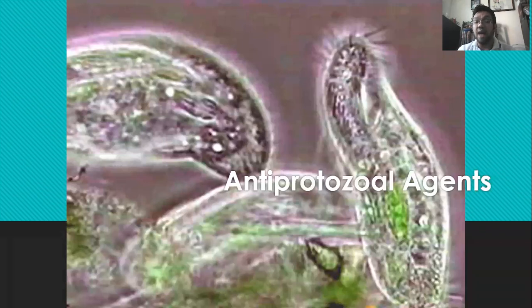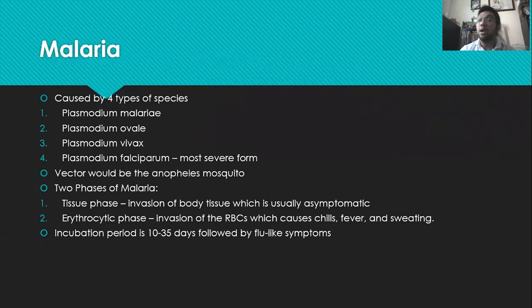Now we go to the antiprotozoal agents. One common protozoal infection that we have here in the Philippines would be malaria. And they're caused by 4 types of species. We have the Plasmodium malariae, Plasmodium ovale, Plasmodium vivax, and Plasmodium falciparum, which is the most severe form.